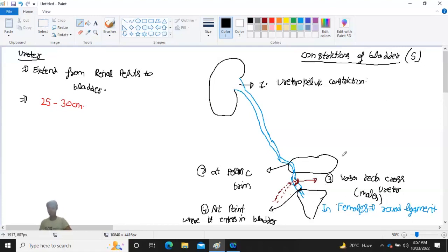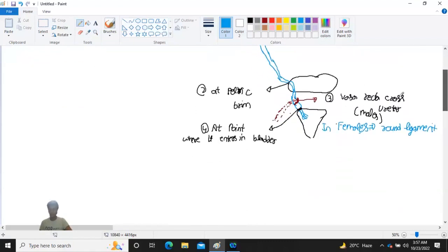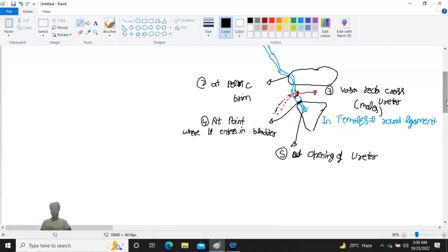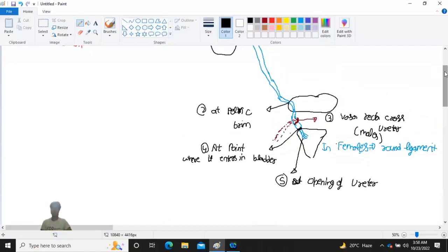Done. And the last, where it opens in the bladder, at the opening of ureter. Done. So there are five constrictions in the ureter.